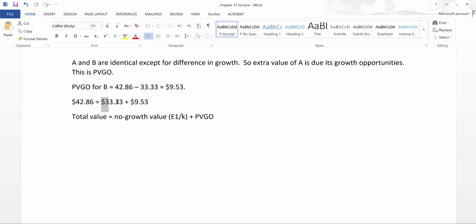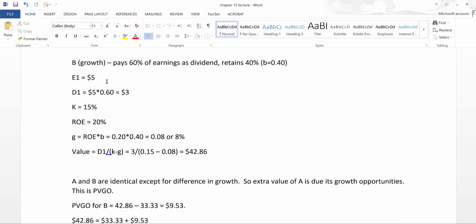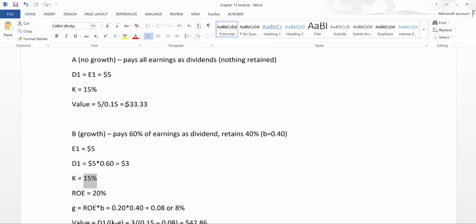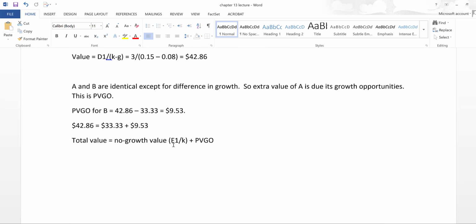So 33.33 is the no growth value of the firm. Without growth opportunities, what is the value? And we can estimate that as E1 over K. If I take this $5 and divide it by 15%, I'll get the no growth value, which would be 33.33. So E1 over K is the no growth value, and PVGO is the present value of growth opportunities.